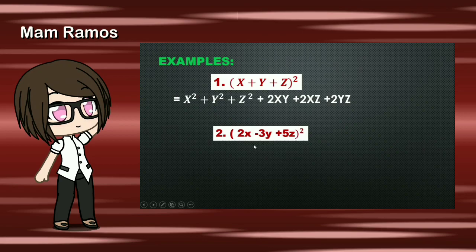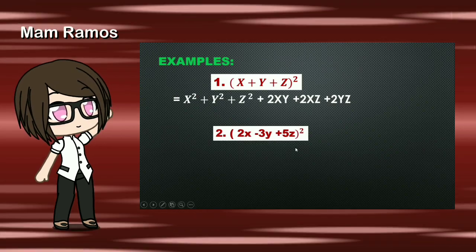Number 2, quantity 2x minus 3y plus 5z raised to the second power.